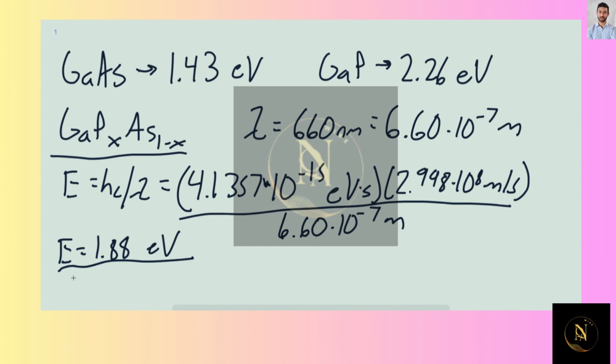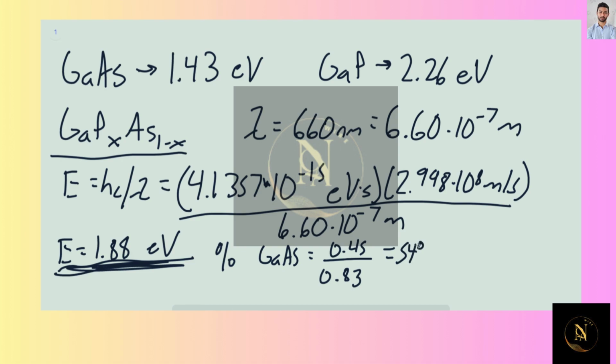And so doing that gives us that the percent for GaAs is 0.45 divided by 0.83. So that's the difference between GaAs and this band gap over the total difference between GaP and GaAs. And that gives us 54%.